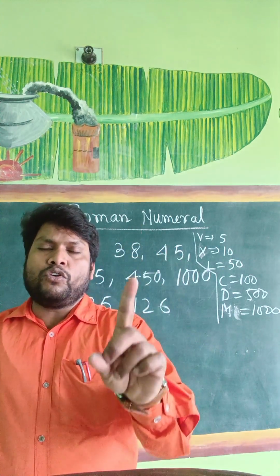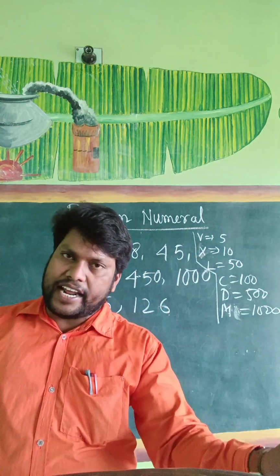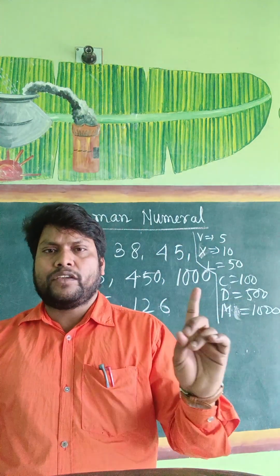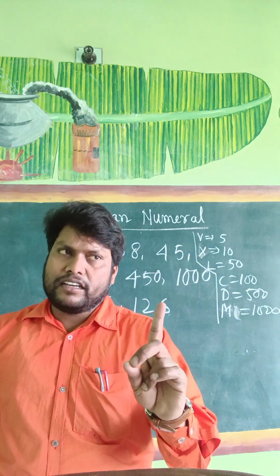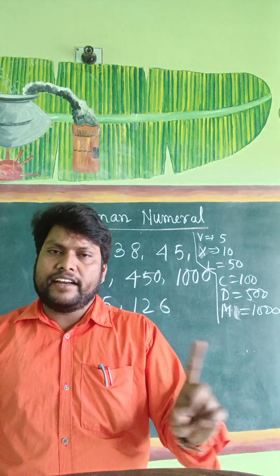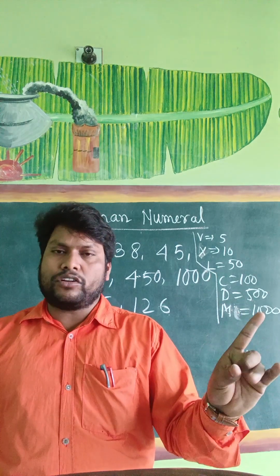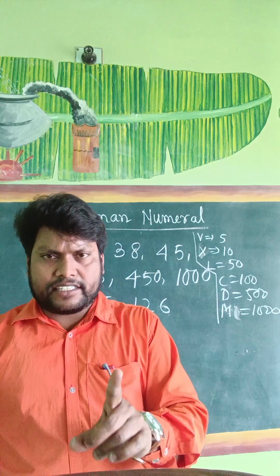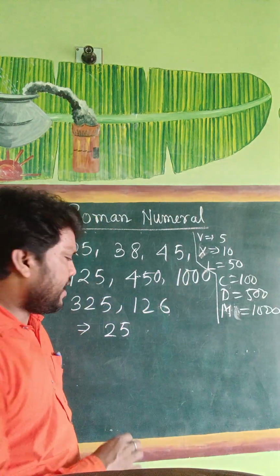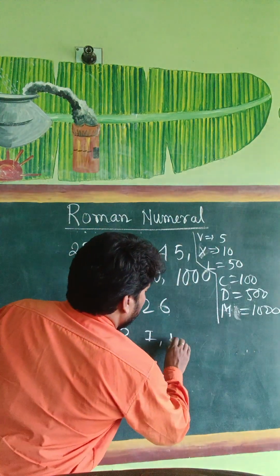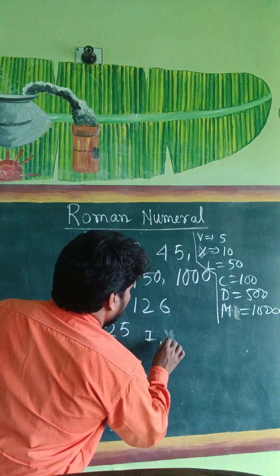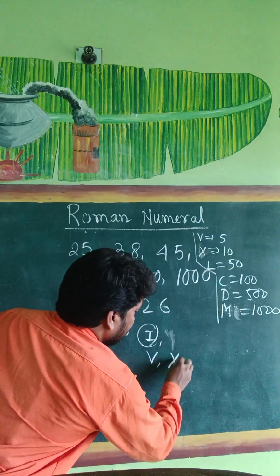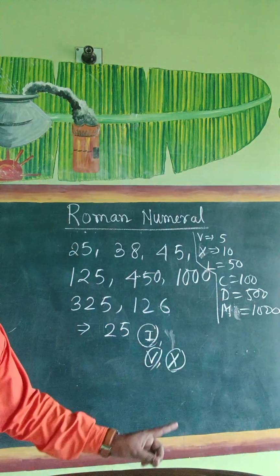No Roman numeral can be repeated more than 3 times. V, L and D are never subtracted. Only I is subtracted, and only from X and V. This is the fourth rule.